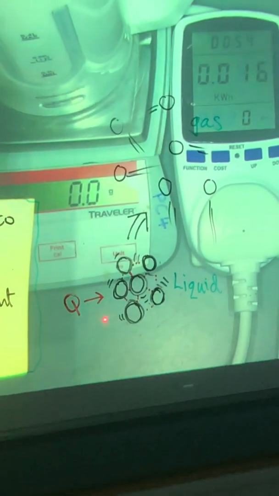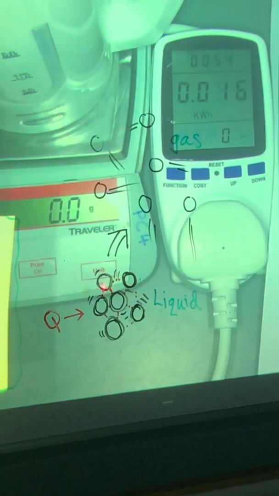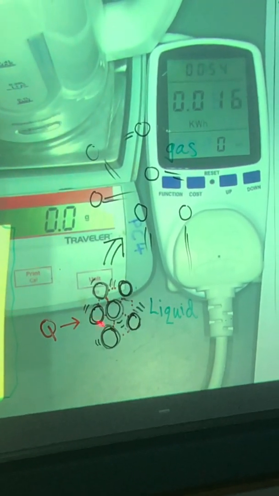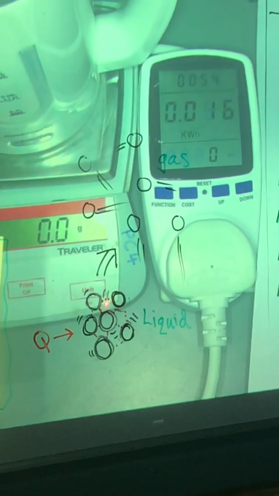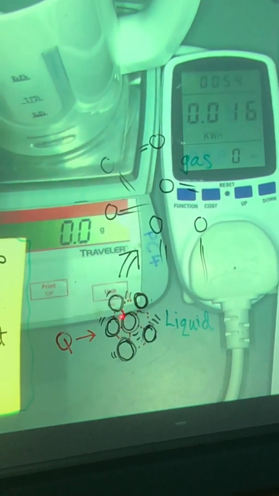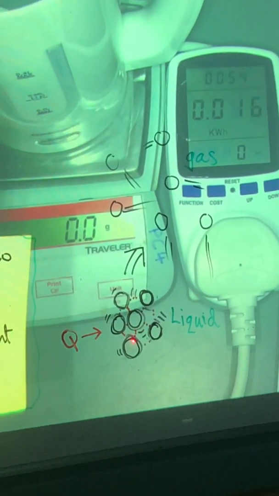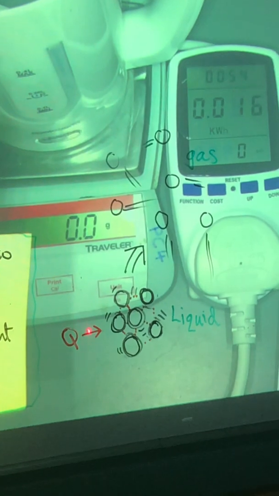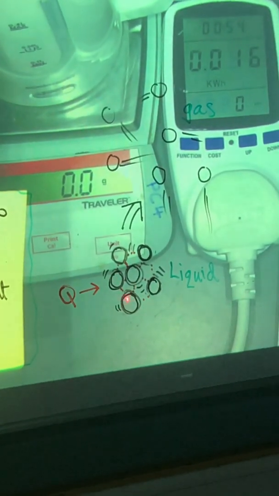Now, in terms of change of state, we're putting in energy Q to a liquid. Now, in a liquid, I've drawn little bonds between there, they're moving around, but there's an attraction between the molecules, but they're quite close to each other. Now, what happens at the boiling point, the bonds start to break, and the energy that we're putting in is breaking the bonds, not raising the temperature.